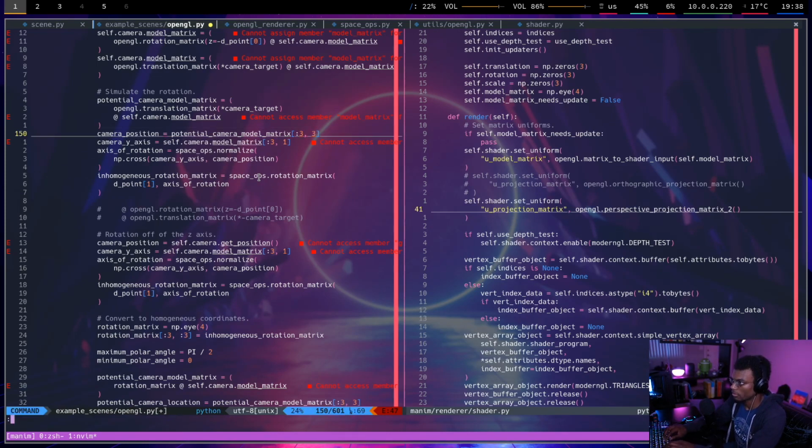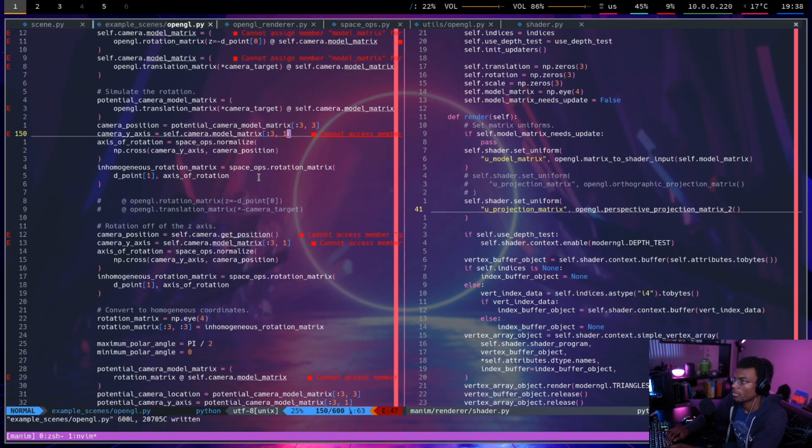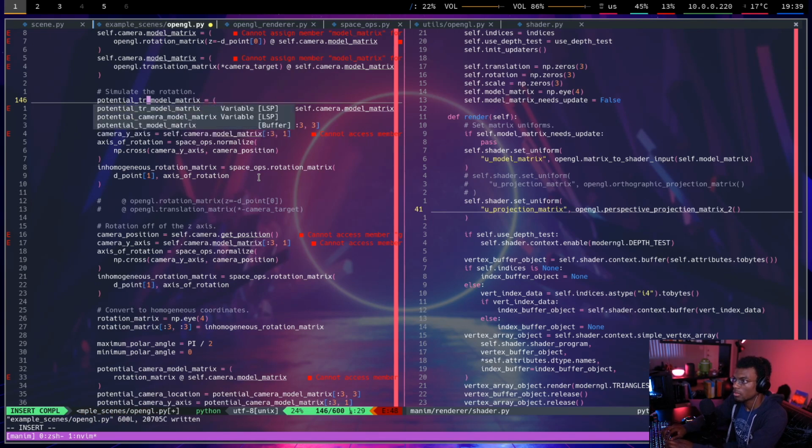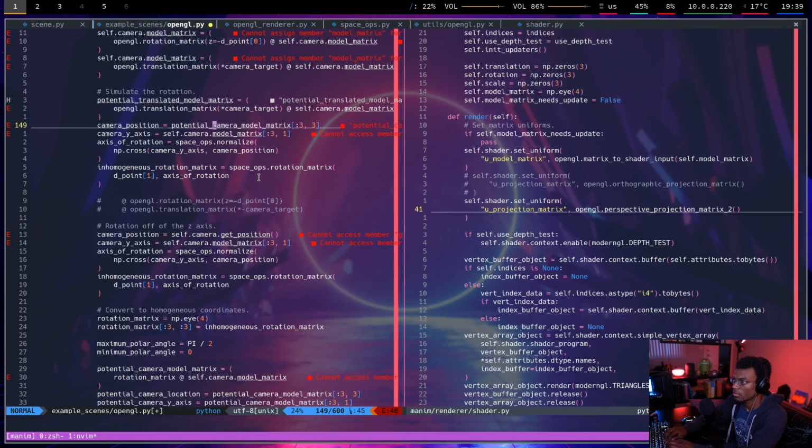Nope, column 3. Since homogeneous coordinates will store the location in the last column. So look at the potential model matrix after translating. Let's call this potential translated model matrix. Get the position from that.